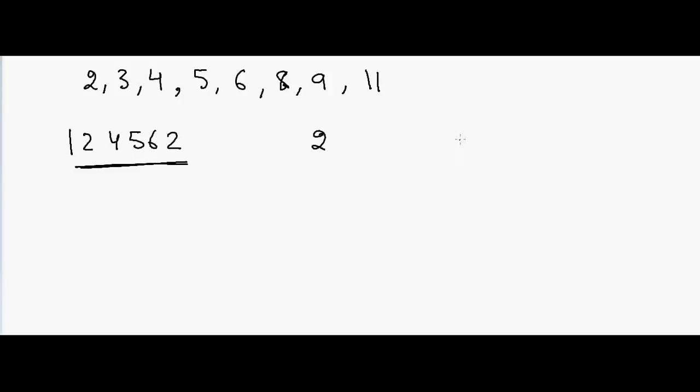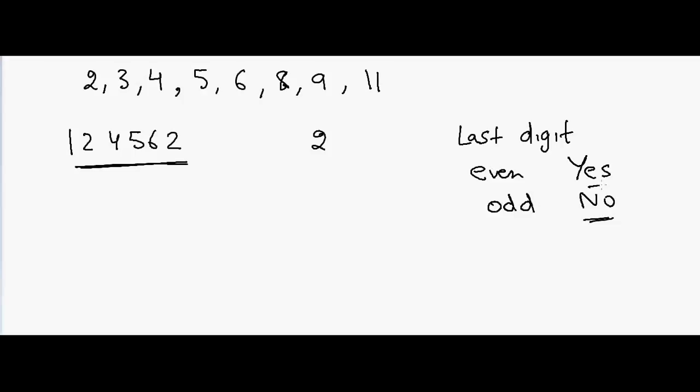We have to look at the last digit, and if it's even, then yes, and if it's odd, then we'll say no. Here we can see that the last digit is 2, so it should be divisible by 2 because it's an even number in the end.